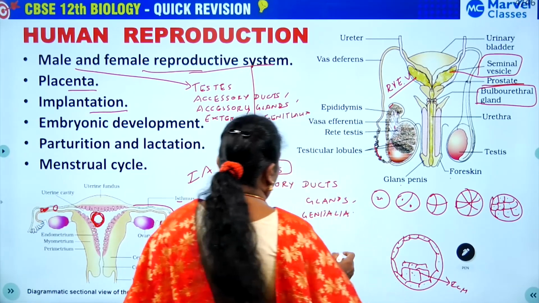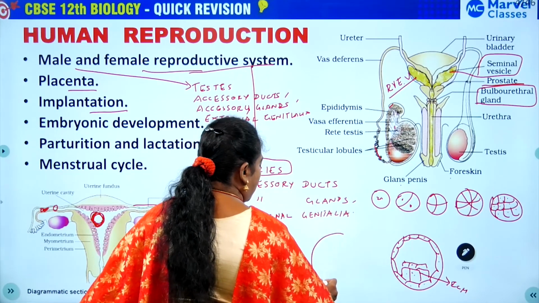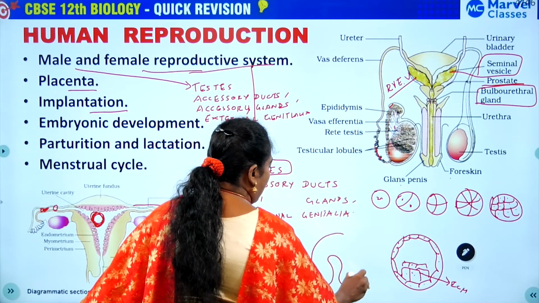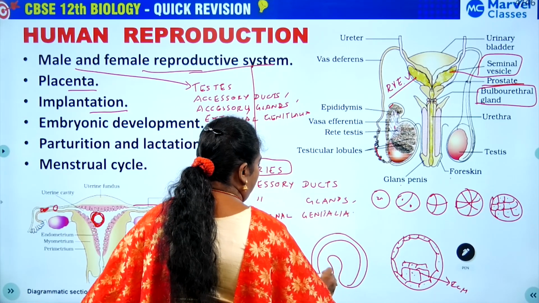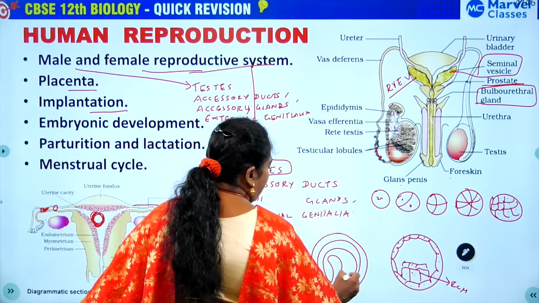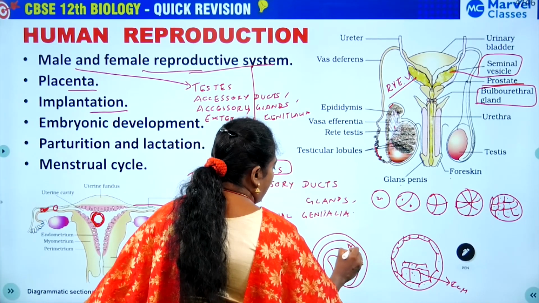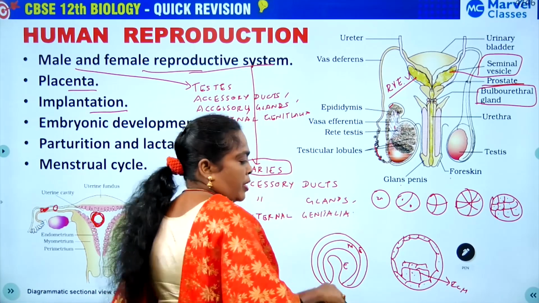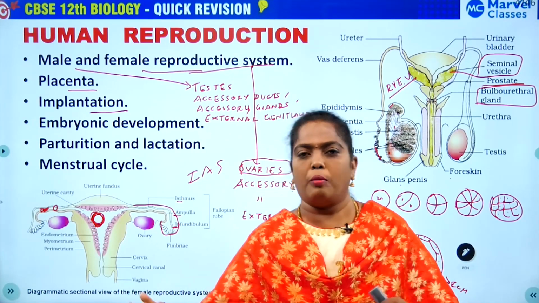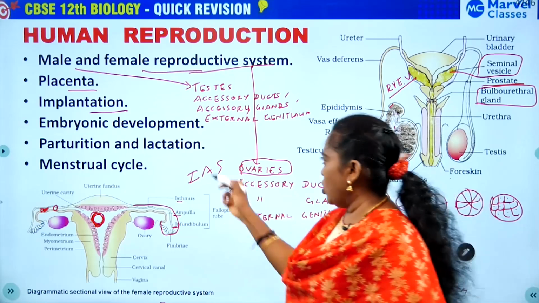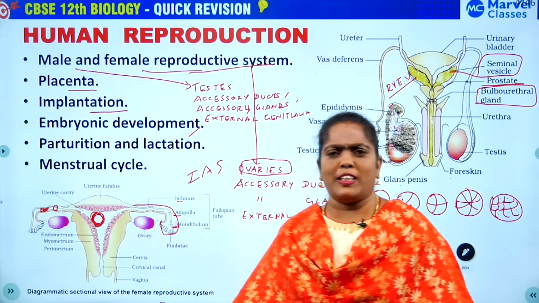Then you can talk about the gastrulation stage, where 3 layers are formed: ectoderm, mesoderm and endoderm layers. These three layers help in forming different organs, and thereby the embryo will also develop. Like that you can explain this question.